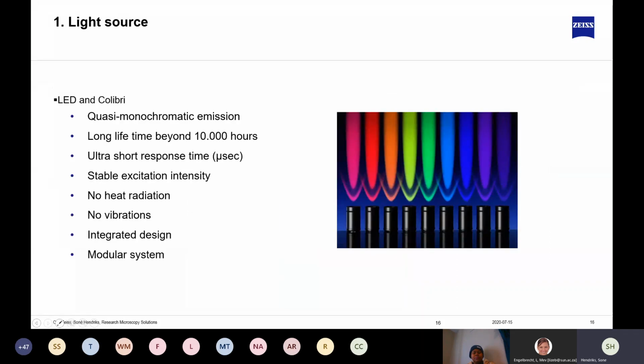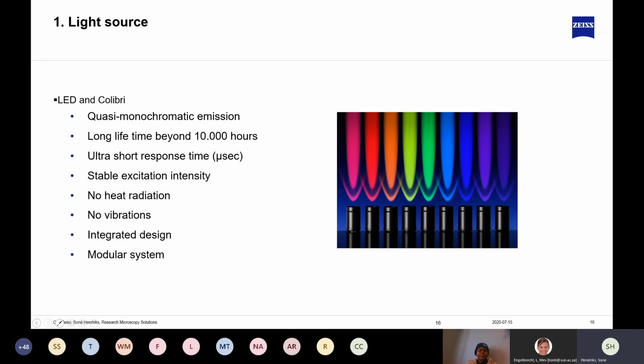Another light source which is very popular because of its low running cost is LED. LEDs are quasi-monochromatic emissions, very specific. If you look at current LED technology, and this is a fairly old slide, they have a long lifetime beyond 10,000 hours.